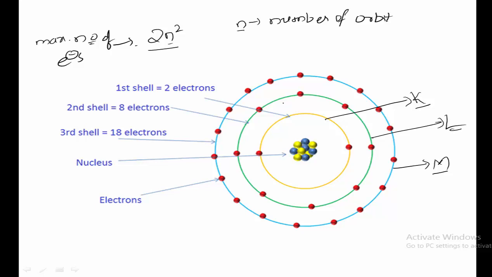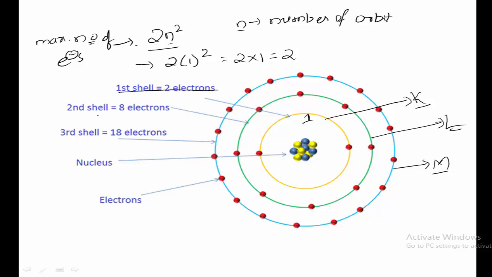So to find the maximum number of electrons in the first shell, we substitute 1²; 1² is 1, therefore 2 × 1 is equal to 2. So the maximum capacity of the first shell is 2 electrons.